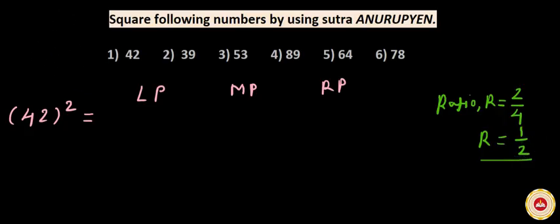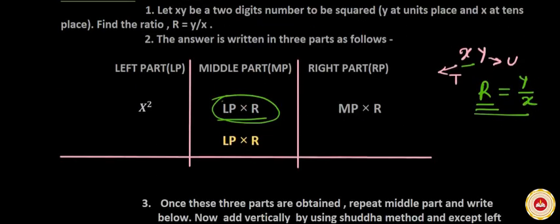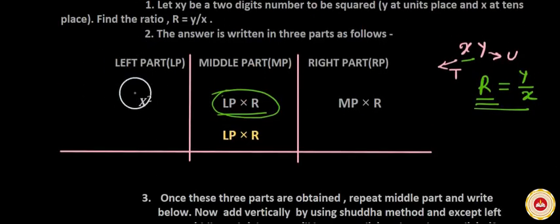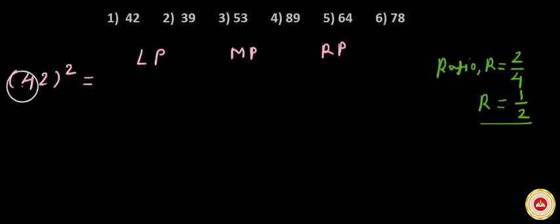Now what is the first step? See, refer to the algorithm. What is the left part? The first step is to calculate the left part. The left part is the square of the digit at the tens place. In the given number, which digit is at the tens place? 4.